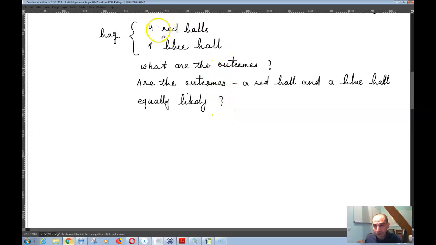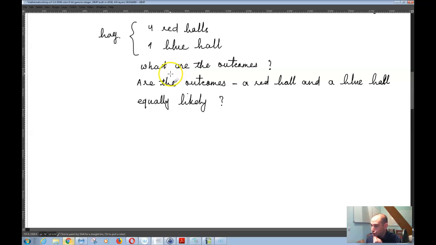Since there are 4 red balls and only 1 blue ball, you would agree that you are more likely to get a red ball than a blue ball. So the outcomes, a red ball or a blue ball, are not equally likely. That we can agree about.